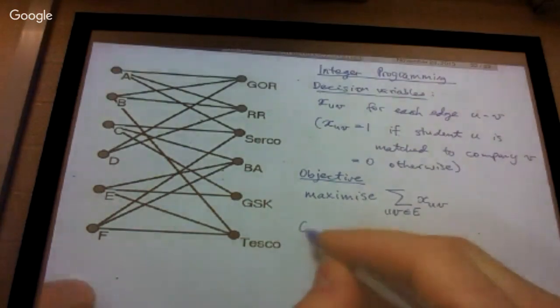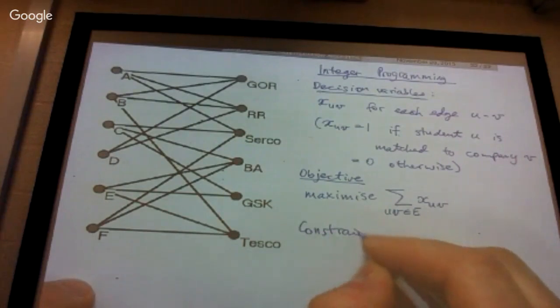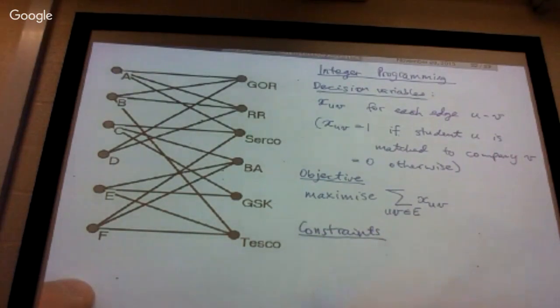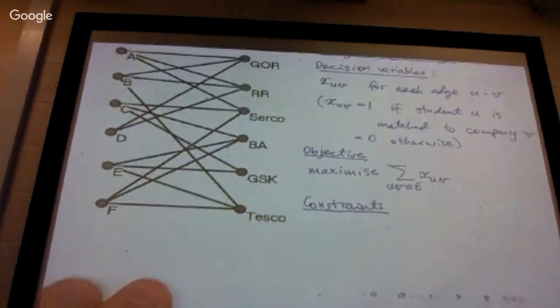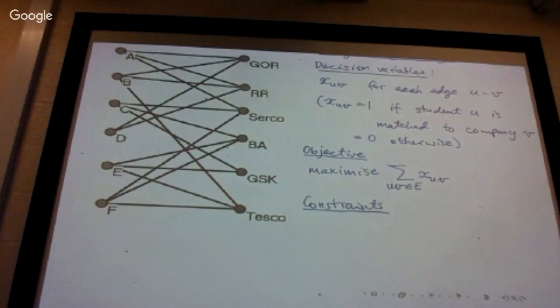And what are the constraints? Yeah, things like the sum of the students going to one company.